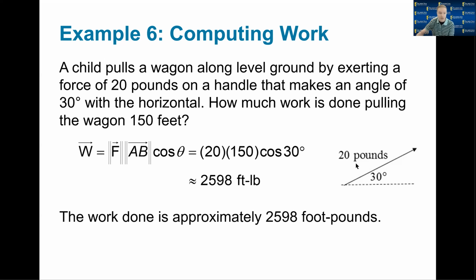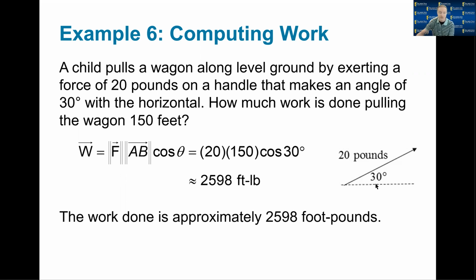In order to do that, the work is going to equal the magnitude of the force vector, which is 20 pounds with the handle, times the distance it's being pulled, which is 150 feet, times the cosine of the angle between the force vector and how far it's pulled.